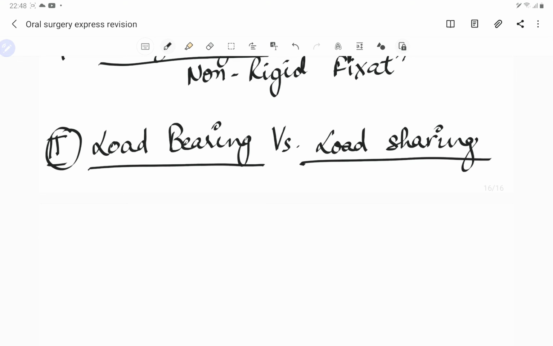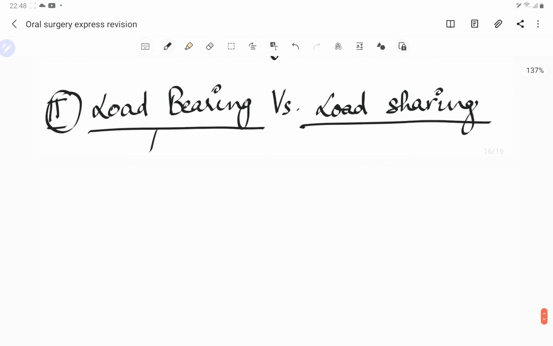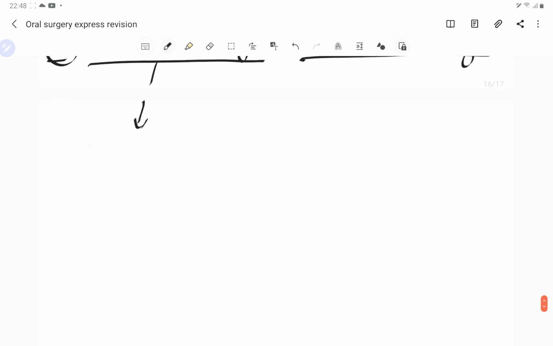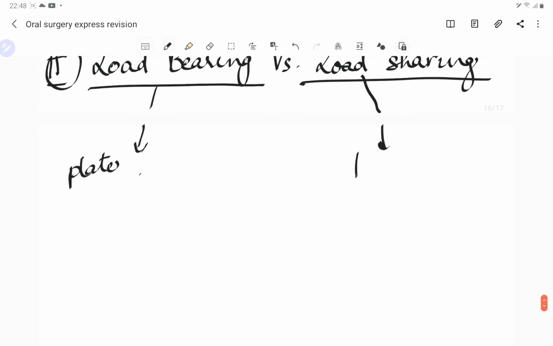The load which is coming to the fractured bone is taken up by the plate and also by the bone. That makes it load sharing. Load bearing means all the masticatory forces are borne by the plate. For load bearing, all the load is taken up by the plate. For load sharing, the load is taken up by plate plus bone.